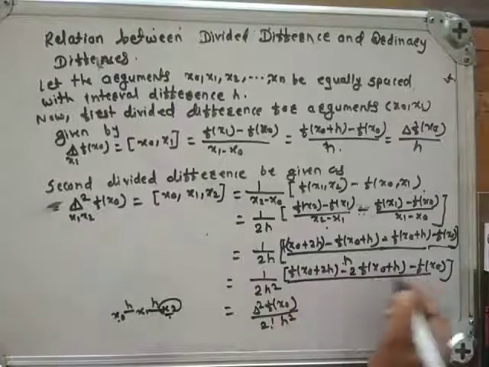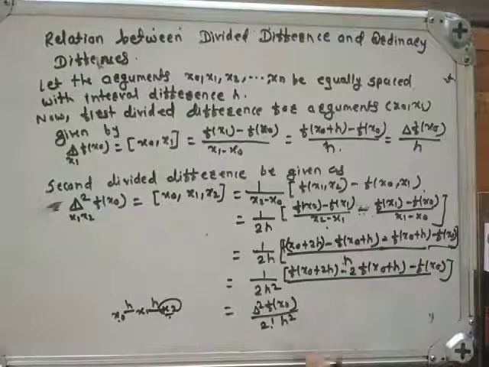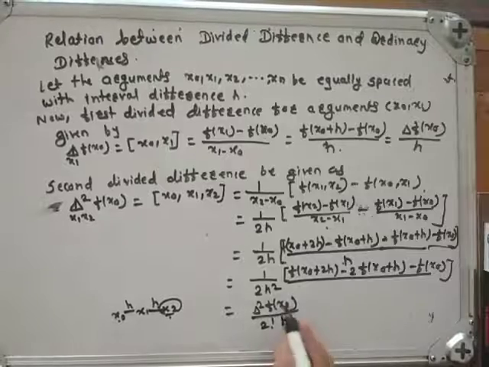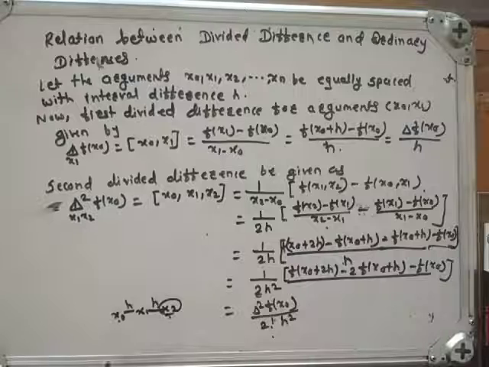We know that this is the formula of del square of f of x0. We have already seen it. These two can be written as 2 factorial into h square.